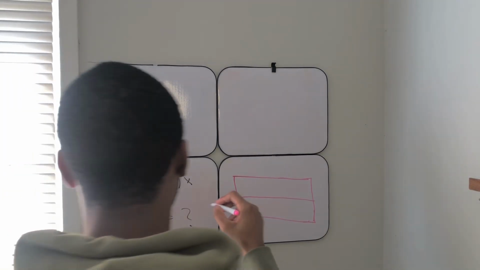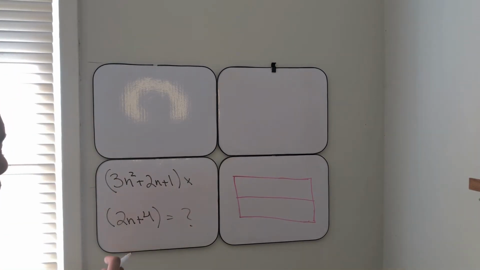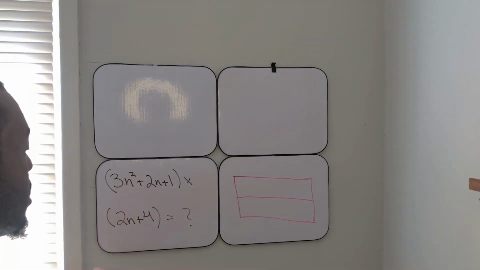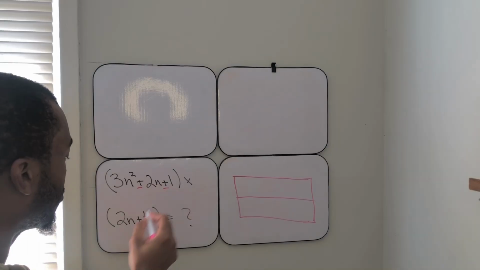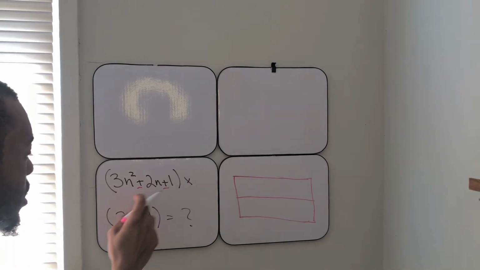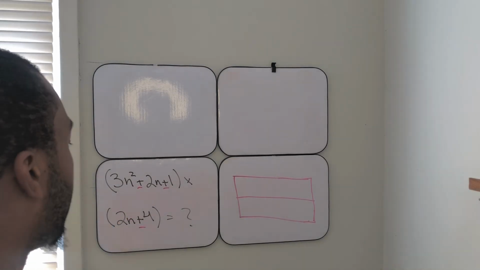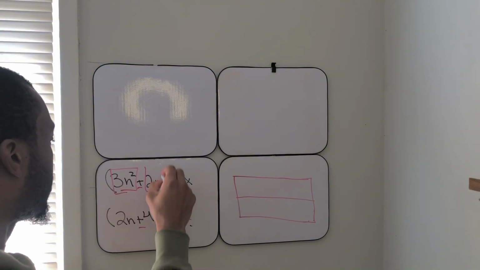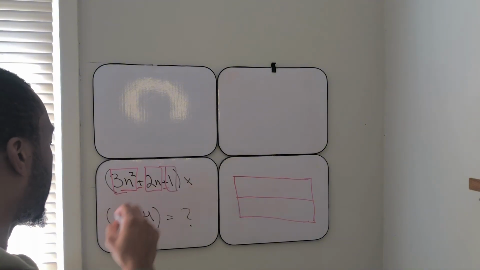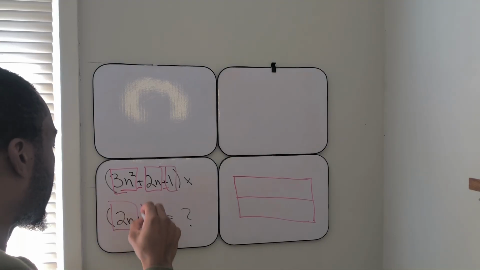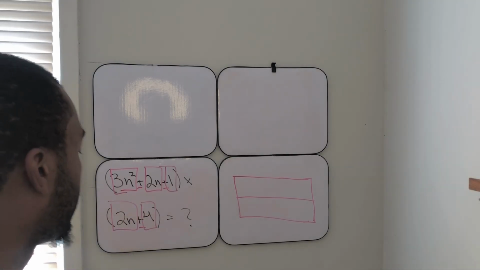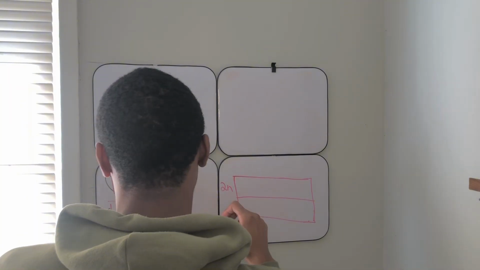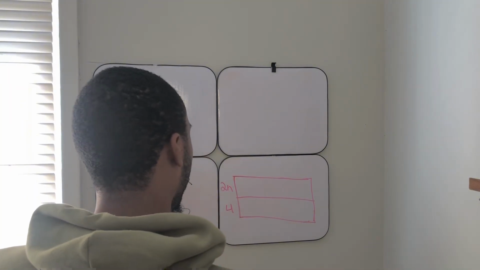The whole purpose of this is how to multiply each of these terms together, each of the terms in between these plus and minus signs. So I'm going to put 2n right here, and then a positive 4.